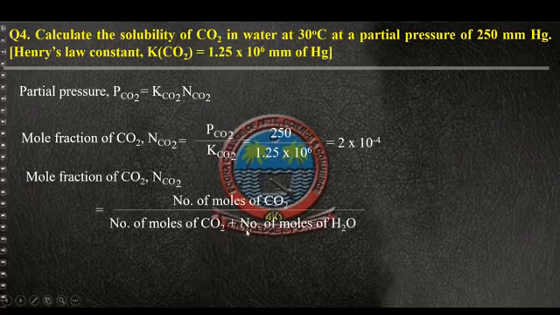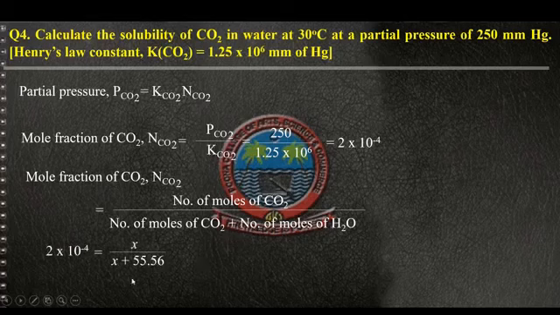And the number of moles of water is always 55.56, because when you take 1 liter of water, the weight is 1000 grams, its molecular weight is 18. So if you divide 1000 by 18, you'll get this number, 55.56.